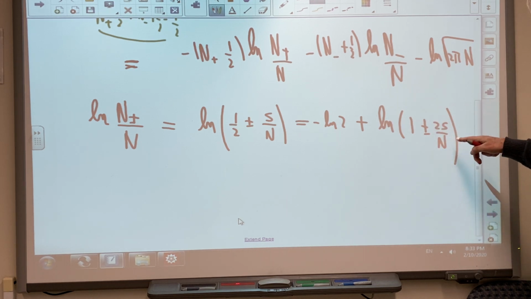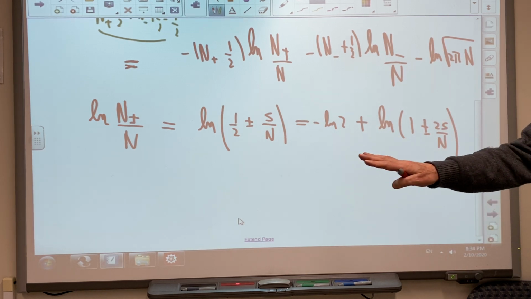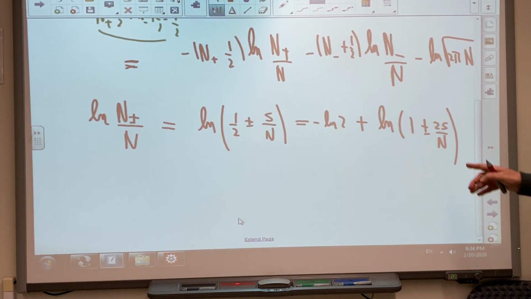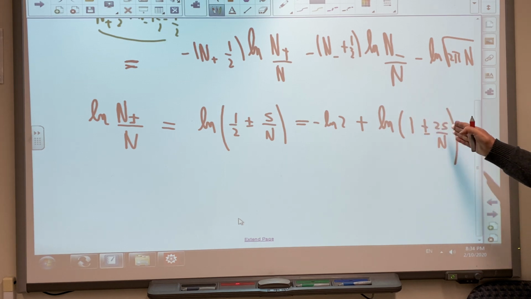Because remember, I said I want to study this when s is a number much smaller than n. So until now, everything was exact. Now I'm saying, let me consider that s is a number that is much smaller than n. So this is ln of 1 plus something very small. And I am doing an expansion.